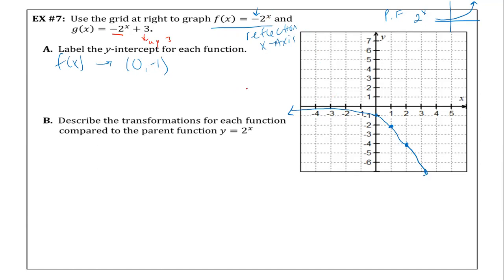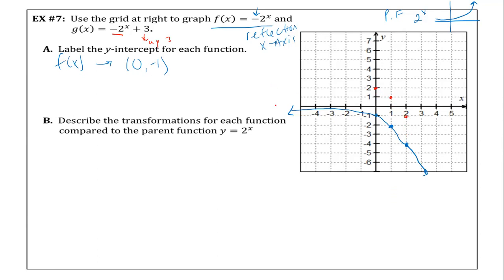Okay. All right, now we're doing g of x. So g of x says I'm taking this blue and now I'm shifting everything up 3. So all of these points are going to shift up 3 units. 1, 2, 3. 1, 2, 3. 1, 2, 3. Does that make sense?